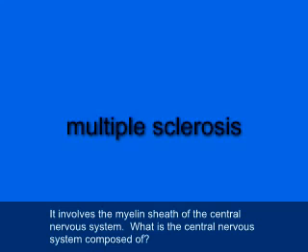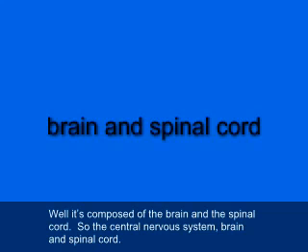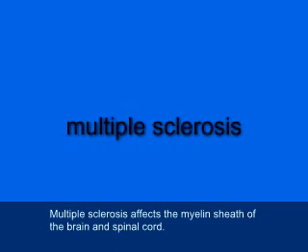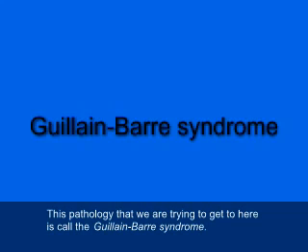And what is the central nervous system composed of? Well, it's composed of the brain and the spinal cord. So the central nervous system, brain and spinal cord, multiple sclerosis affects the myelin sheath of the brain and spinal cord. This pathology we're trying to get to here is called Guillain-Barré syndrome.